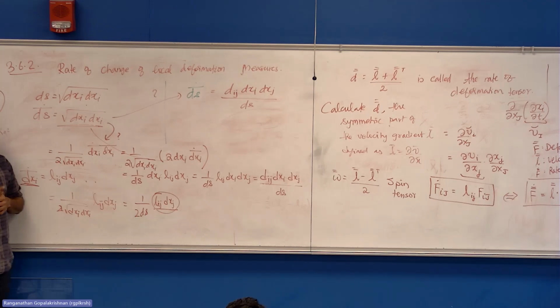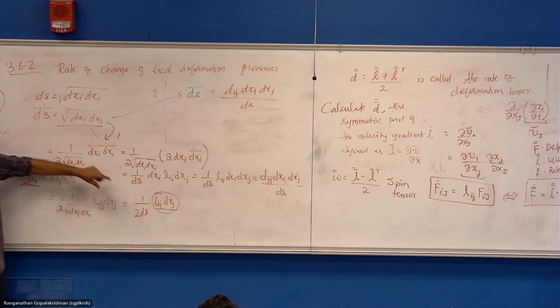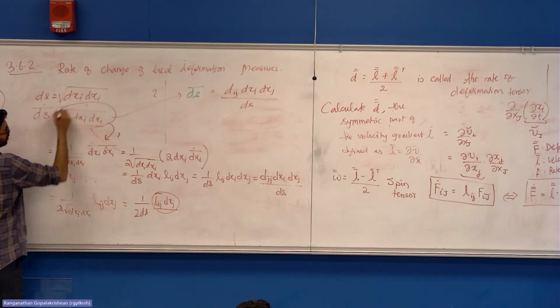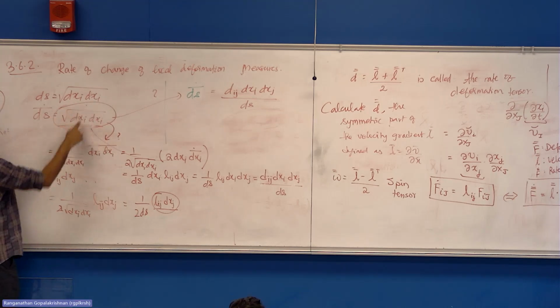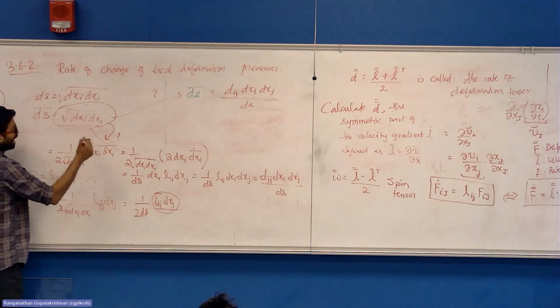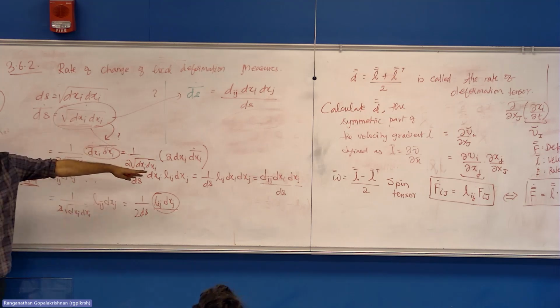What I wish you would be able to do is to grasp the basic rules clearly so that you could do this kind of reasoning as you go. What was the important reasoning we did here? It is to write the square root of dxi dxi, and its dot is 1 over square root of that multiplied by the dot of that being this product. If you got that right, everything else quickly follows.